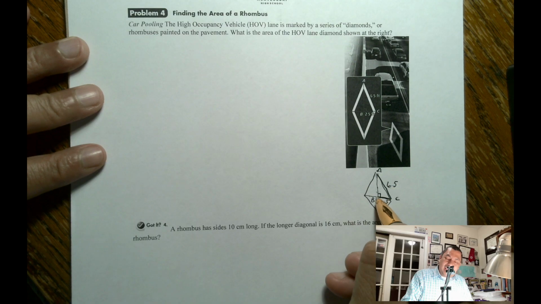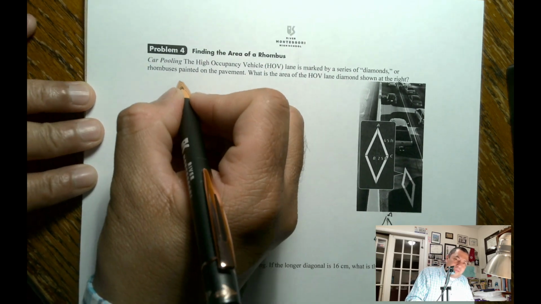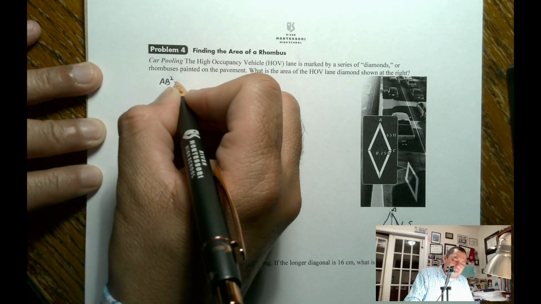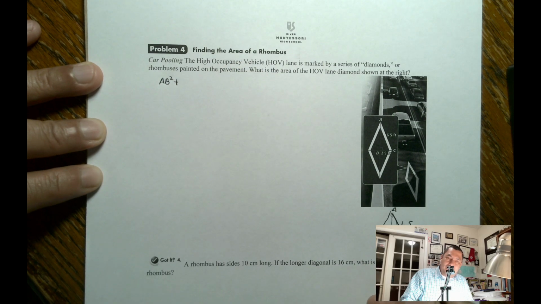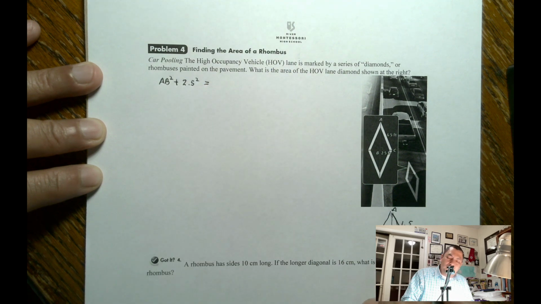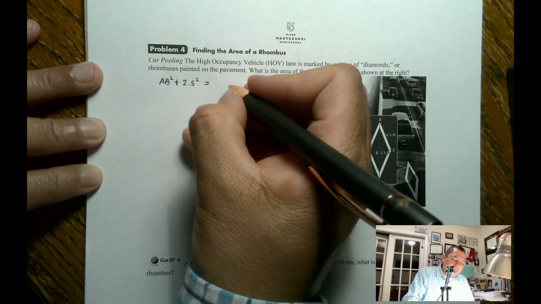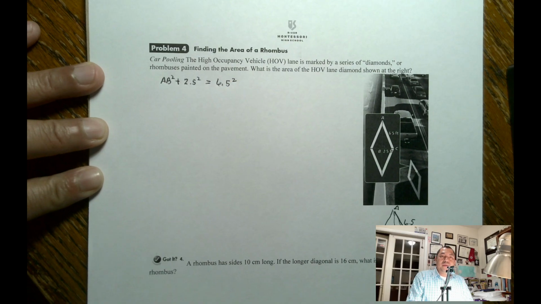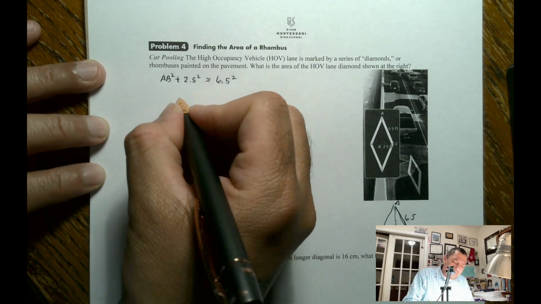Remember, this is segment AB, so I'm going to have AB squared plus 2.5 squared is equal to 6.5, the hypotenuse, 6.5 squared. Now, let's solve this.